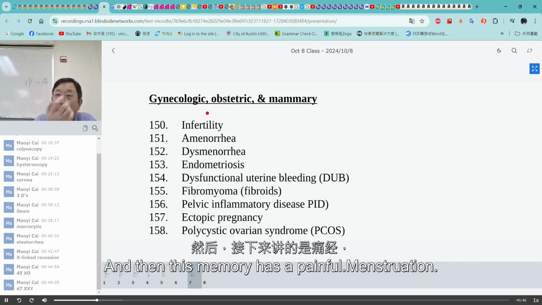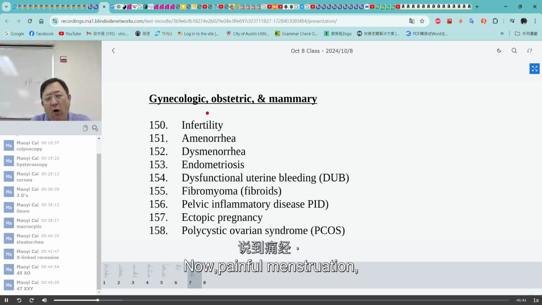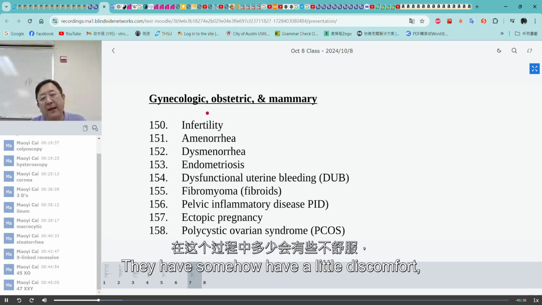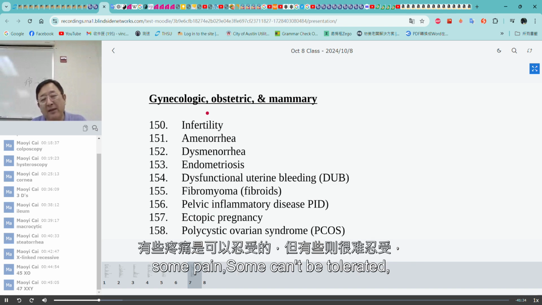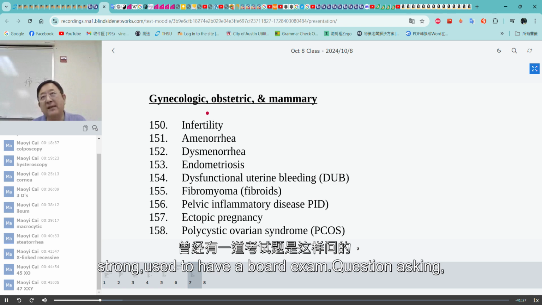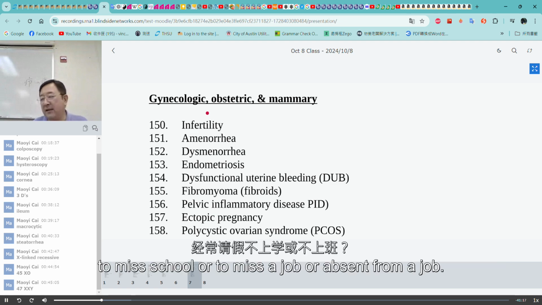Dysmenorrhea is painful menstruation. All women have a menstrual cycle and somehow have a little discomfort, some pain. Some can be tolerated, some is very strong. There used to be a board exam question asking: what is the single most common cause for a childbearing age woman to miss school or be absent from a job?